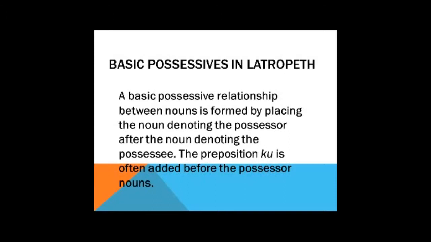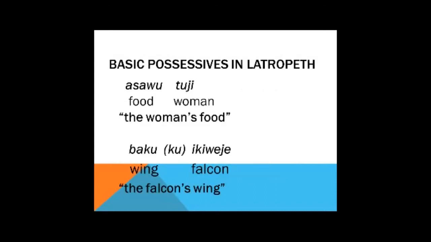And there's similar concepts in Latropeth. A basic possessive relationship between nouns is formed by placing the noun denoting the possessor after the noun denoting the possessee. The preposition ku is often added before the possessor noun. So there's a reversal of the order that you see in English. So in English, the cat's food.